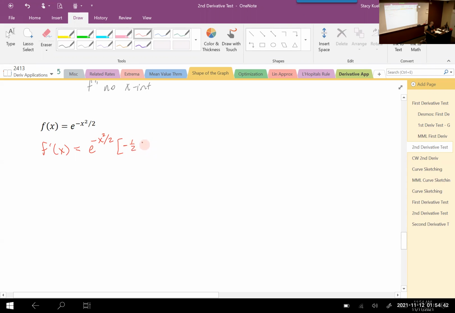The derivative of x squared is 2x. So the derivative of this function is going to be negative x e to the negative x squared over 2. Using the chain rule.